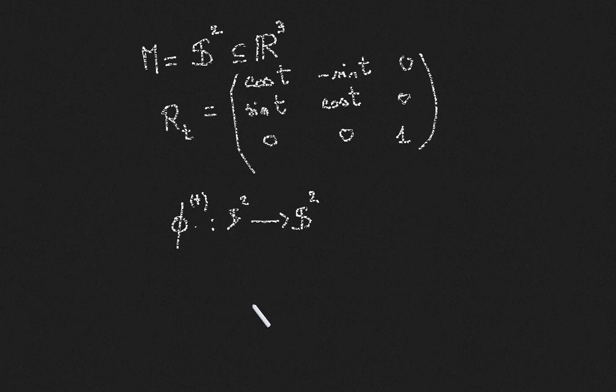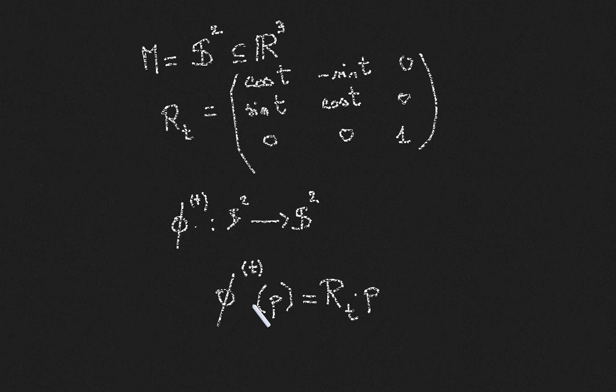So phi with t of a point P is just R_t times P.